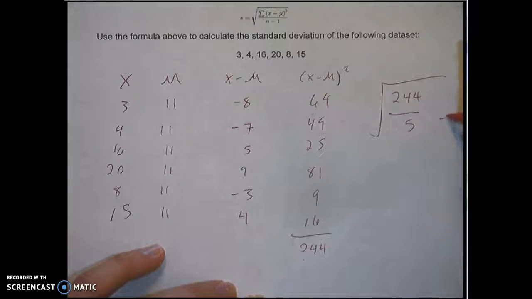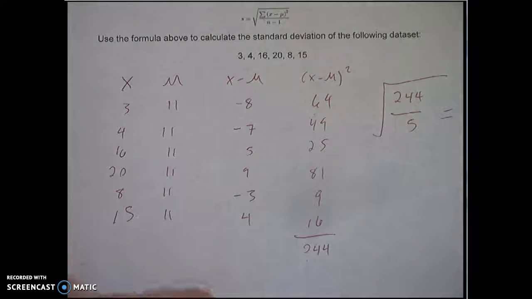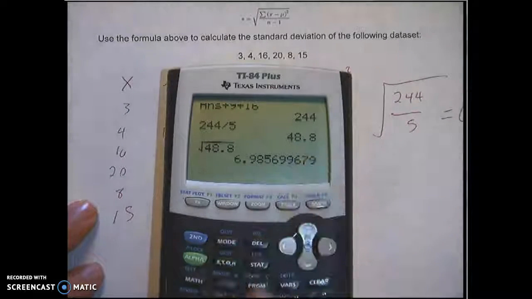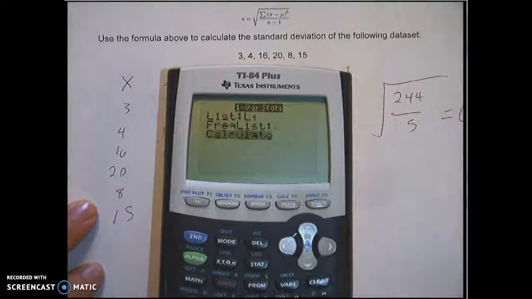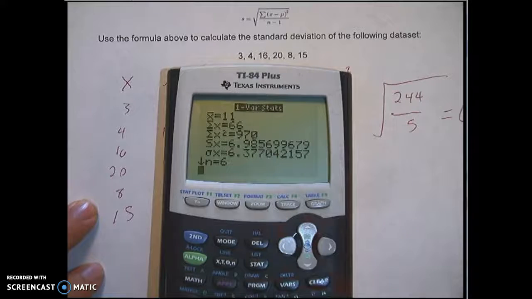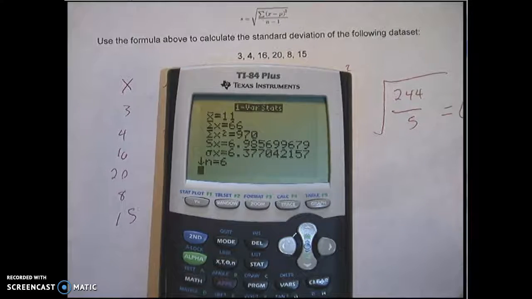I'm just going to take the square root of that. 244 divided by 5, square root of 48.8 is just about 6.99. Which hopefully is what I got on the calculator when I did stat calc 1. It's the 6.99. So, calculated it.